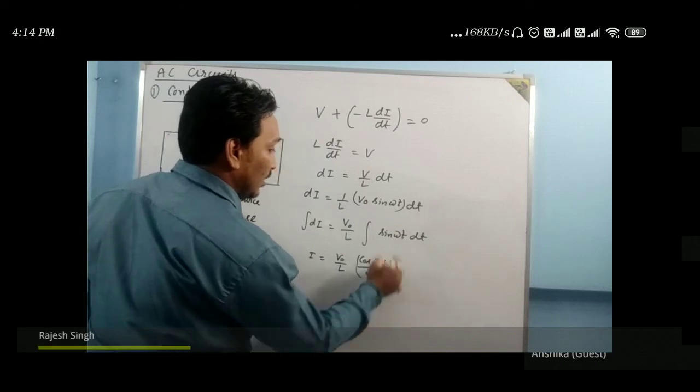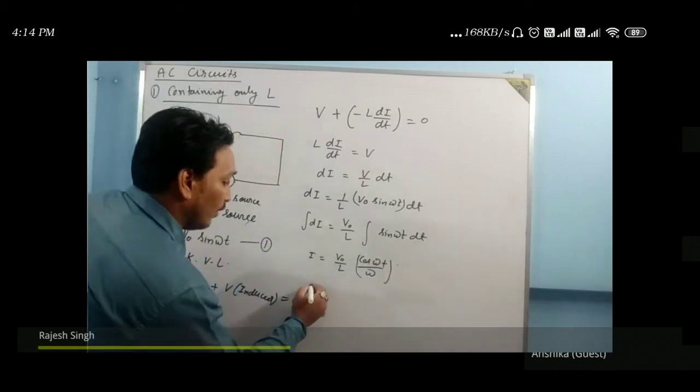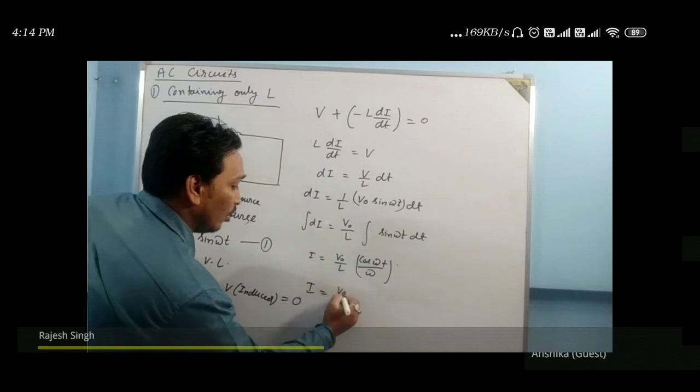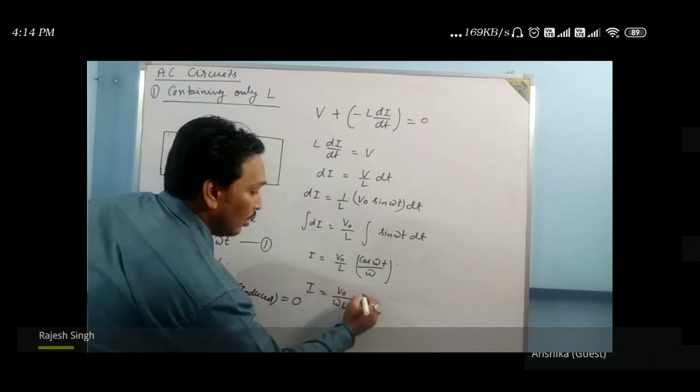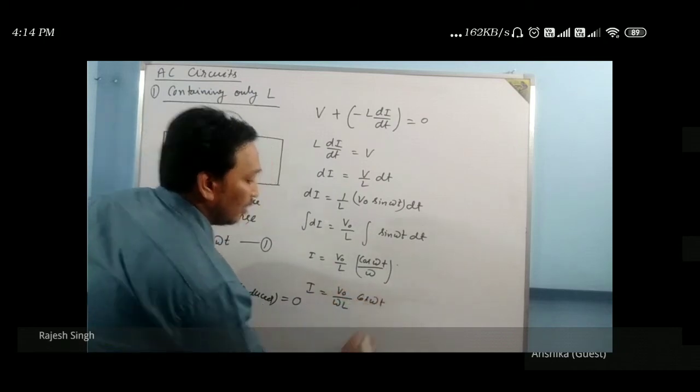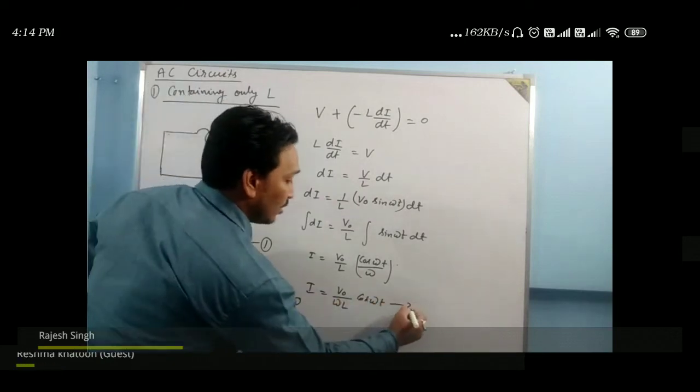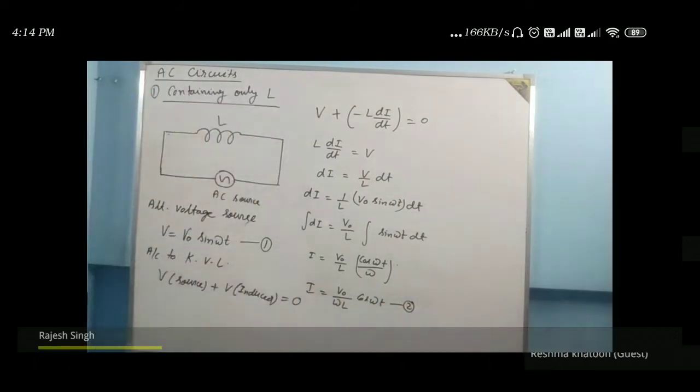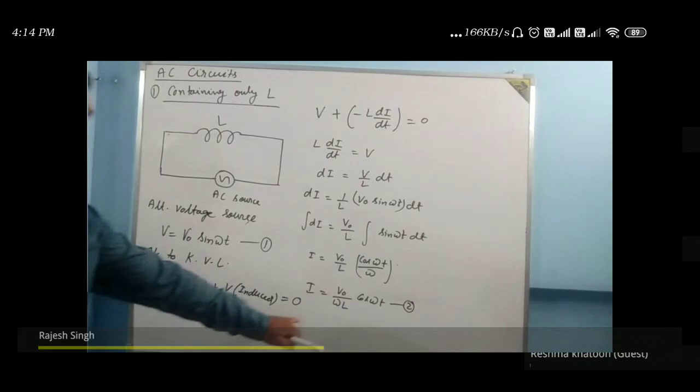Now we are going to have I is equal to V naught upon omega L cos omega t. Okay? Remember this equation. This equation is helpful. Equation number 2.